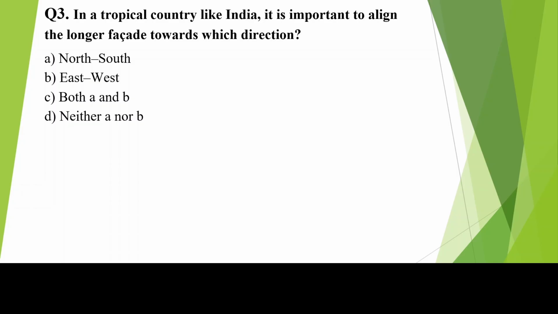Let's see how many of you can answer it correctly. Because India has this kind of climate condition, that is important. You should be knowing. If you are knowing, then you will be able to answer it correctly. Anyone?